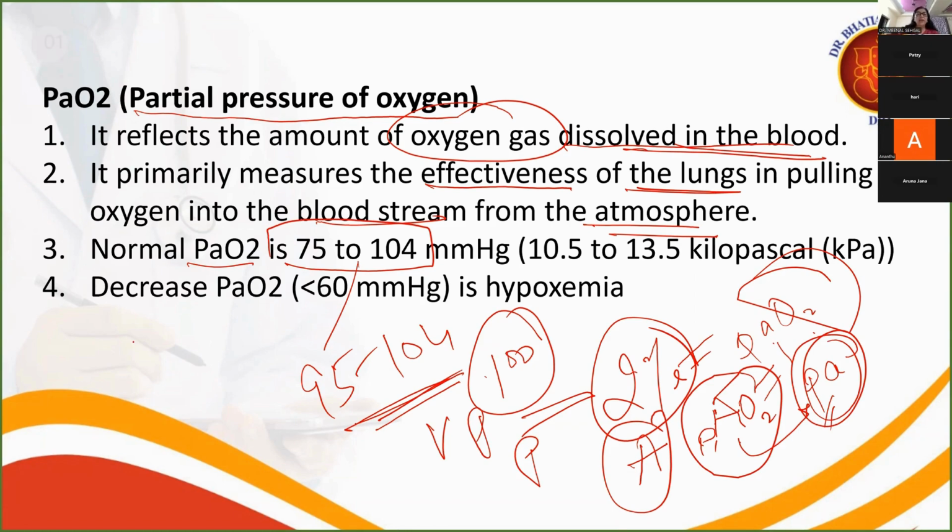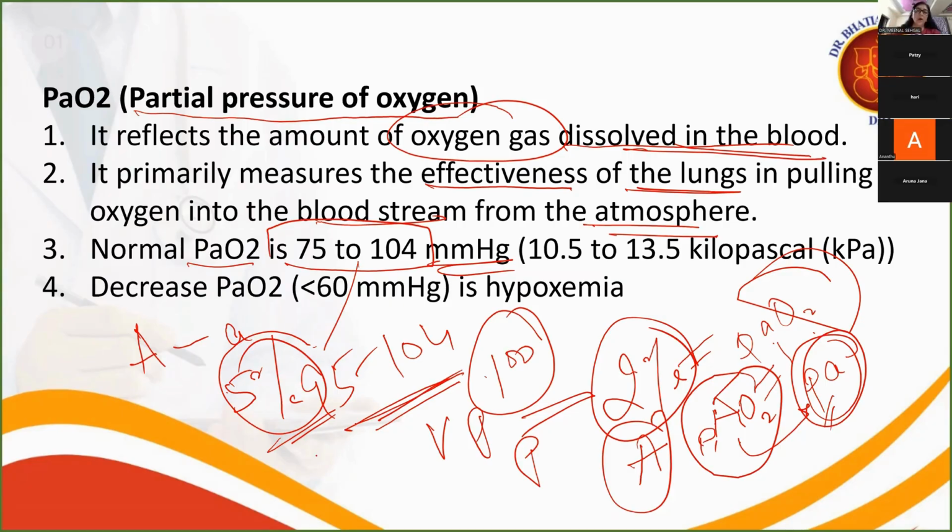So the gradient of alveolar to arterial is around 5. And this 5 millimeters of mercury pressure difference is responsible for the shifting of oxygen from alveoli to the arteries. We know everything in the world moves along the gradient from high pressure to low pressure, from a height to the lower side.